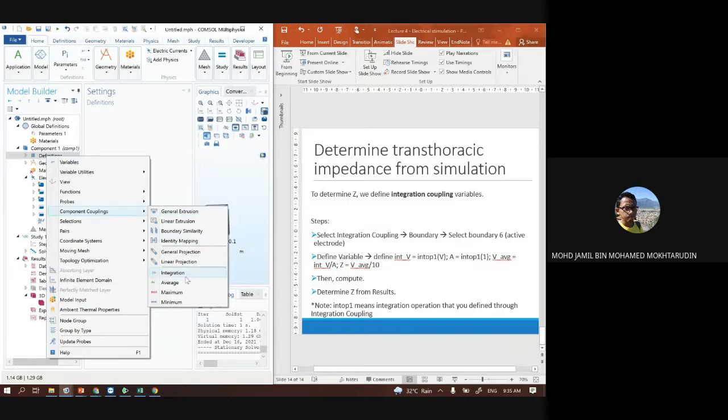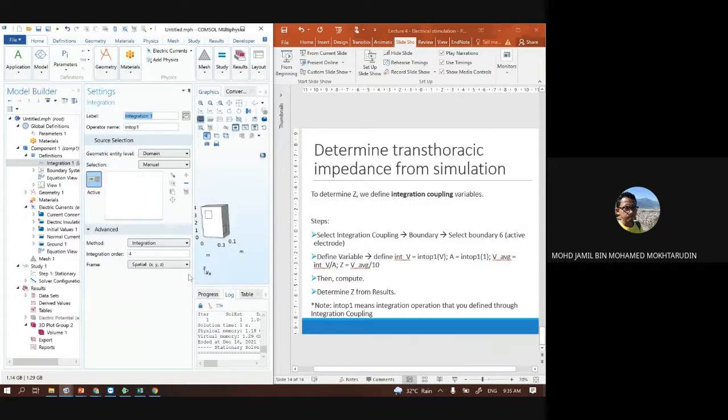The instruction given in the slide uses an earlier version of COMSOL. In the newer version, it's inside this component couplings, integration. So choose integration, and the software will automatically integrate for you. You don't have to integrate by yourself.